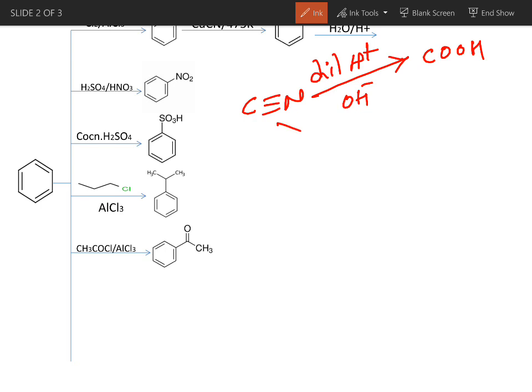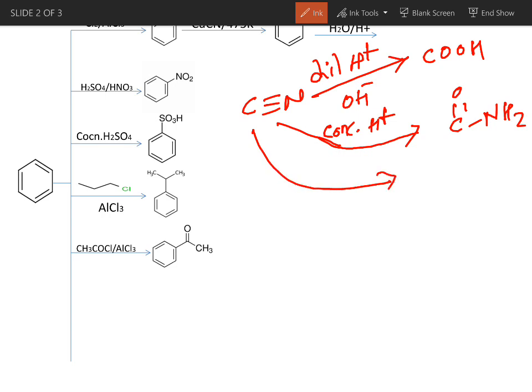If cyanide is treated with concentrated acid or concentrated base, it undergoes partial hydrolysis and forms amide. If nitrile or cyanide is reacted with strong reducing agent such as lithium aluminum hydride, it will get converted into primary amine, that is CH2NH2.